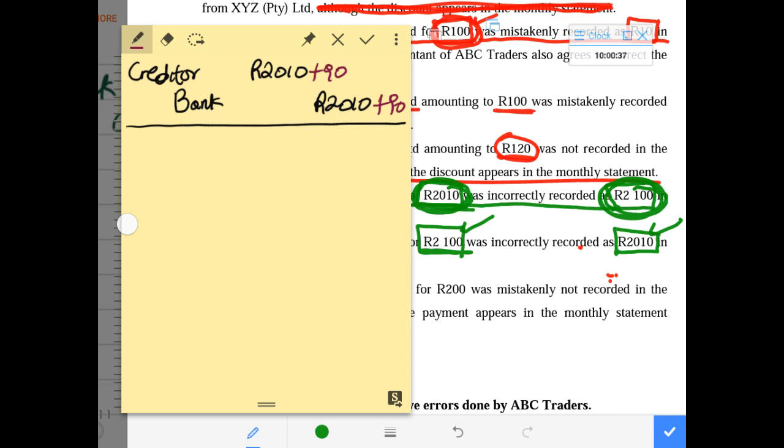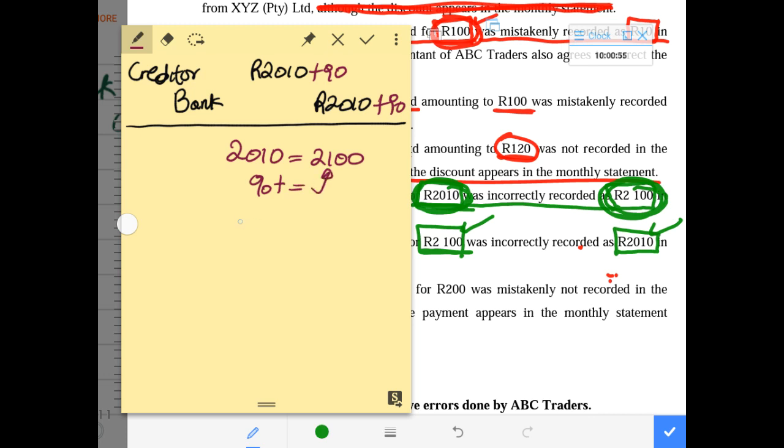Remember, a creditor decreases on the debit side. So now we decreased our creditor by 2,010 instead of 2,100. So now we need to say plus 90 rand here so that it becomes 2,100.